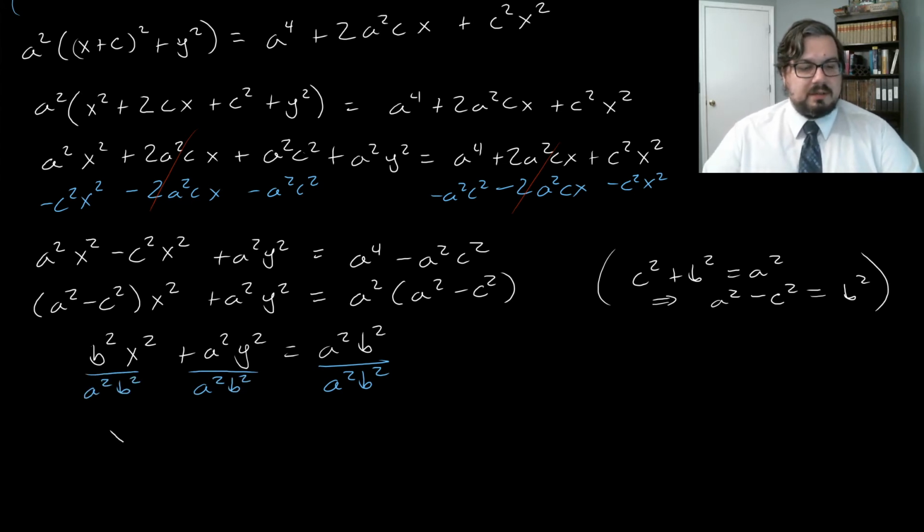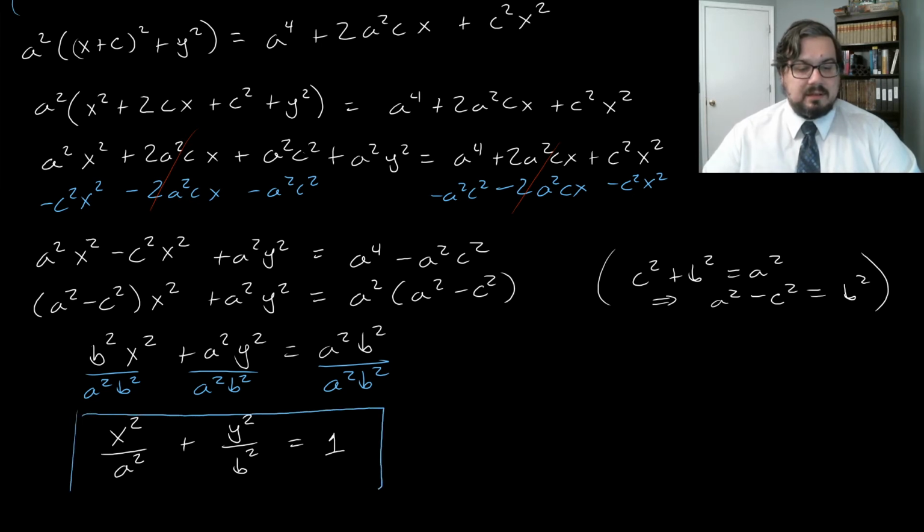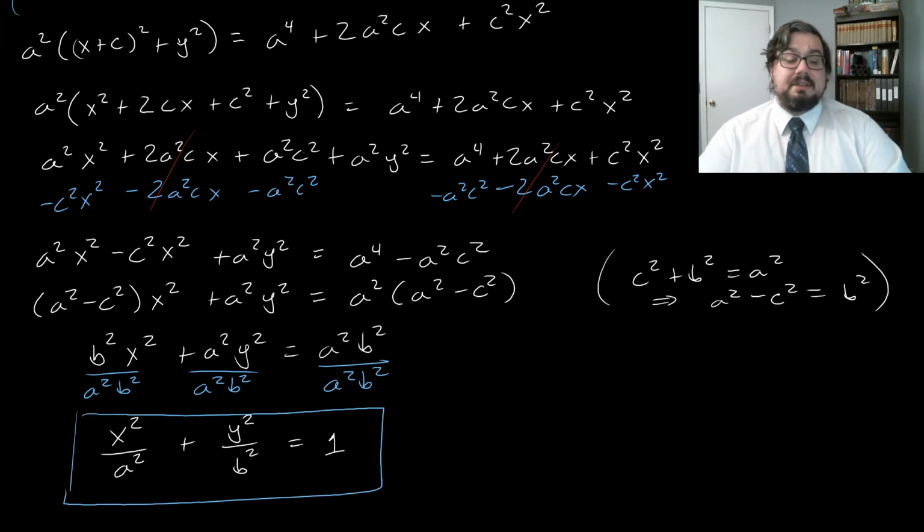When we do that, we are left with x squared over a squared plus y squared over b squared equals 1. And this is the standard equation for an ellipse.